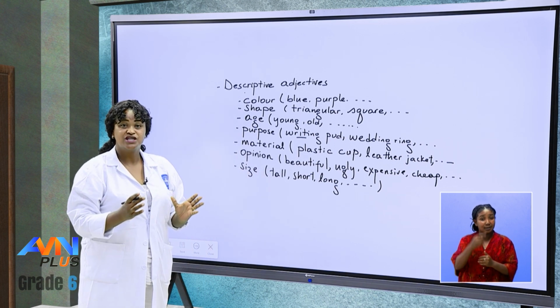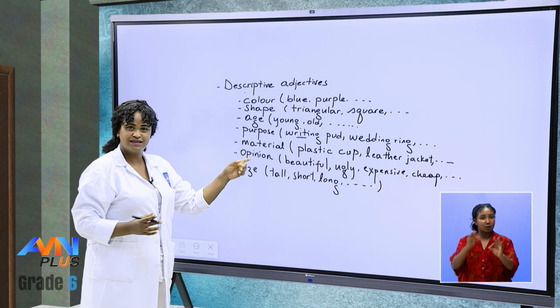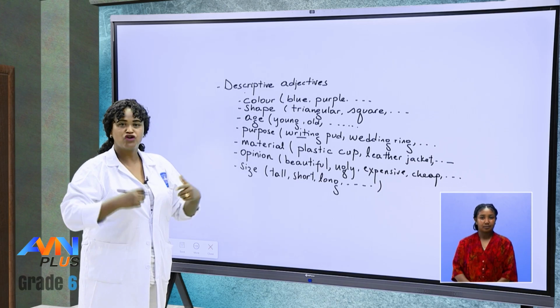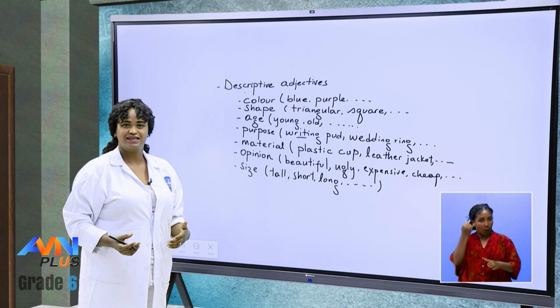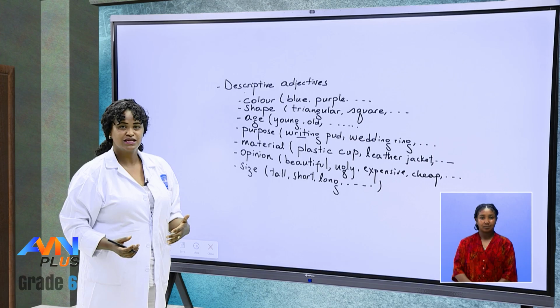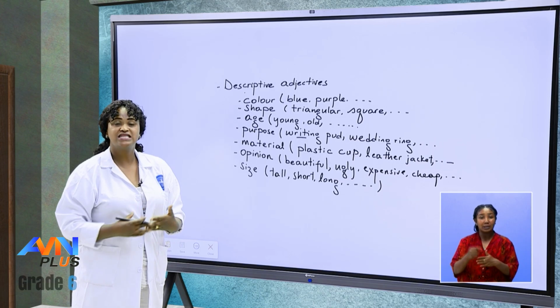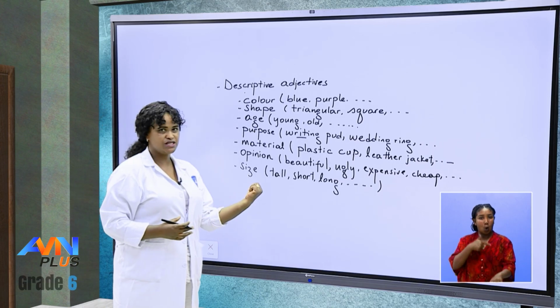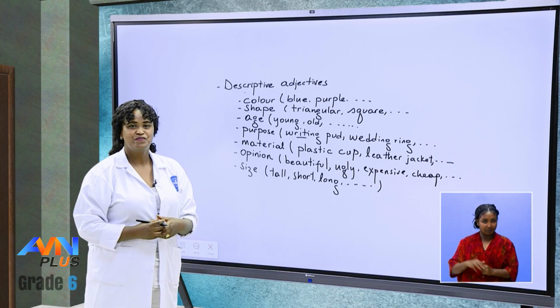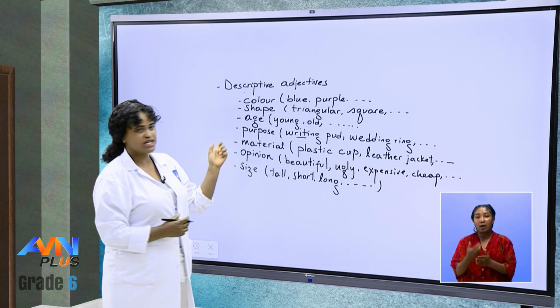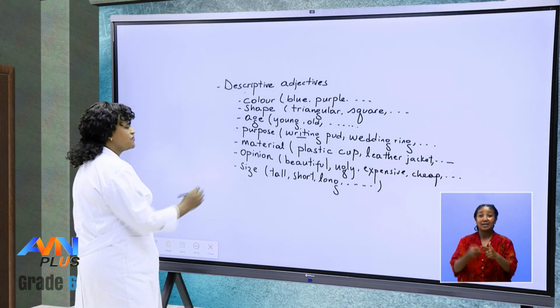I said she is smart, that's opinion. When I talked about the clothes, I said pretty clothes, that's also opinion. And when I talked about the hair, I said what? Long, size, long hair, curly hair. You see? These are all adjectives.